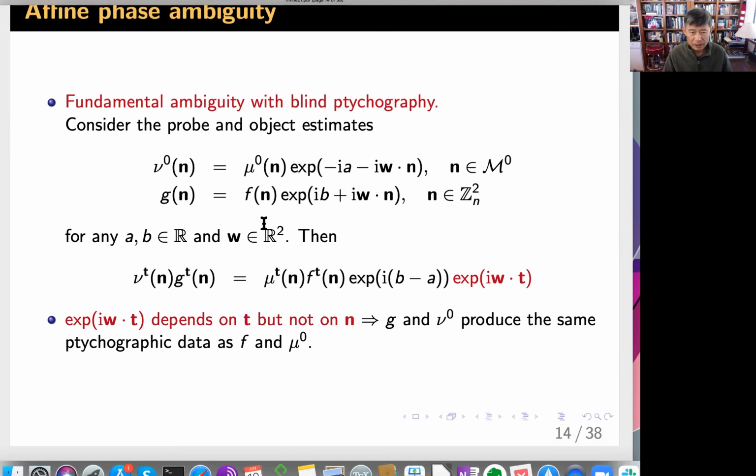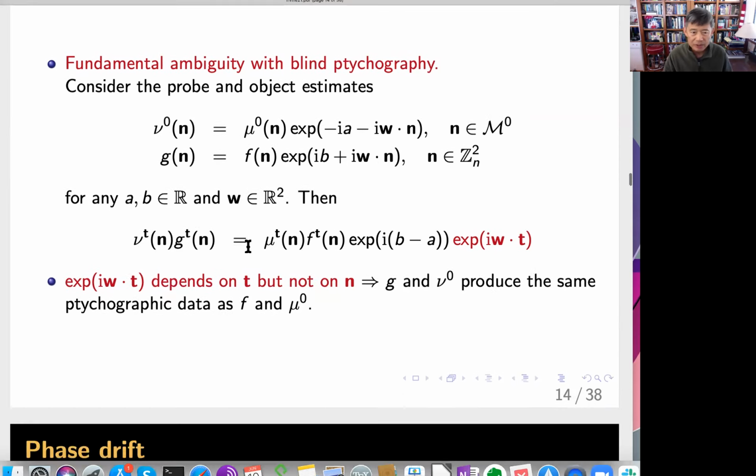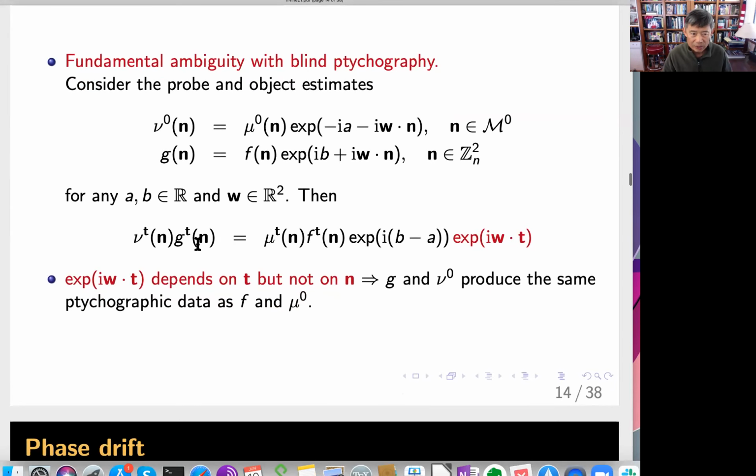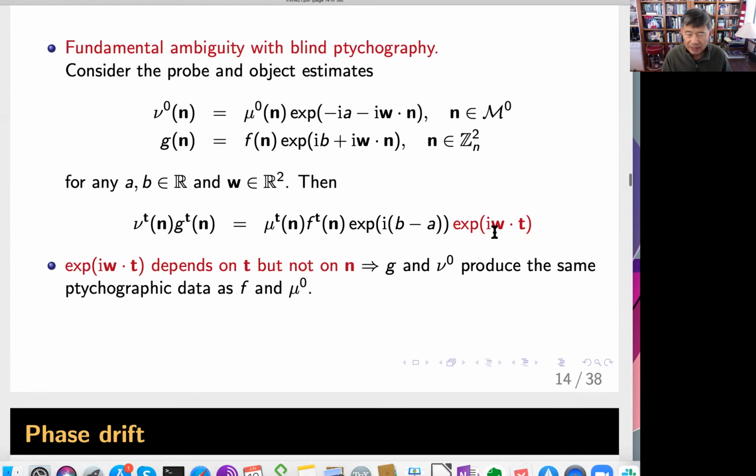You can do a quick calculation, simple algebra. You can see that this linear part cancels entirely. Well, not quite, only the n-dependent part. So the point is that now the product is the product of the original mask and original object times a constant phase and another constant phase. Why do I say it's a constant phase? Because it's independent of n.